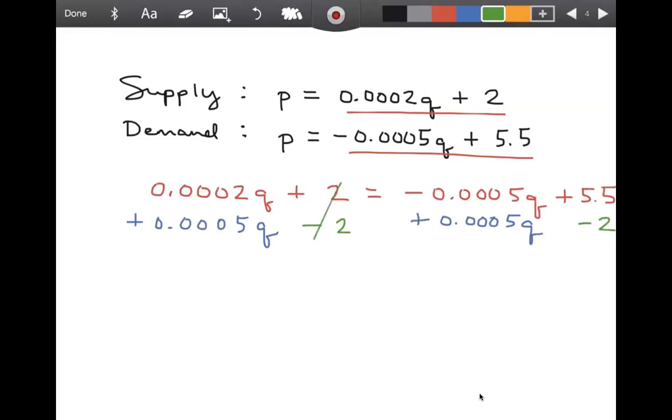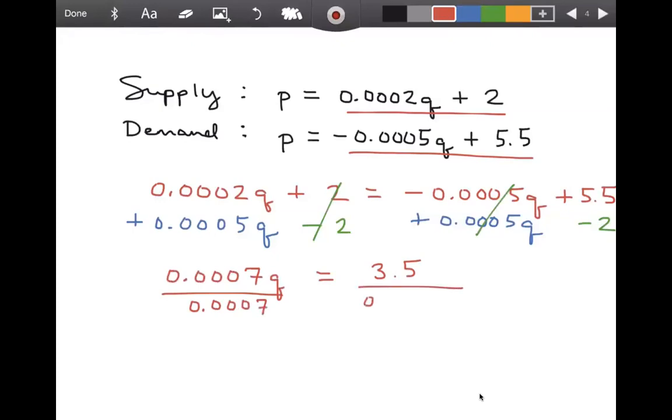All right, so that's going to leave us with 7 10,000ths Q equals 3 5/10. So now dividing both sides by 7 10,000ths, we get Q equals, okay.